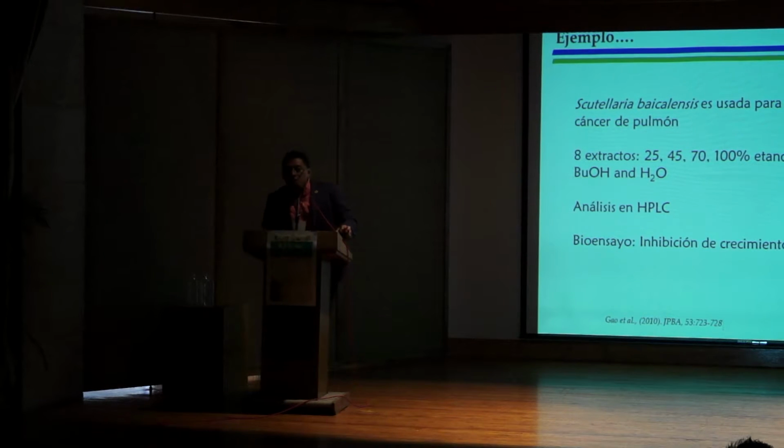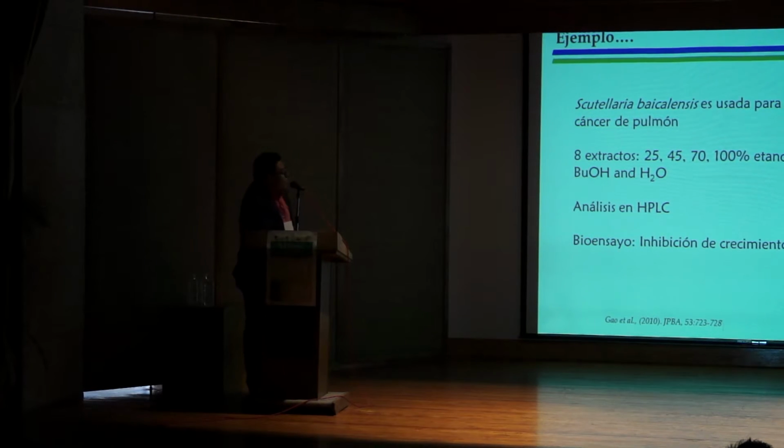We took portions of the plant material, and each portion was subjected to an extraction with different solvents. Of course, being the same plant material, we can expect to get similar chemical components, but probably just differences in their concentration.